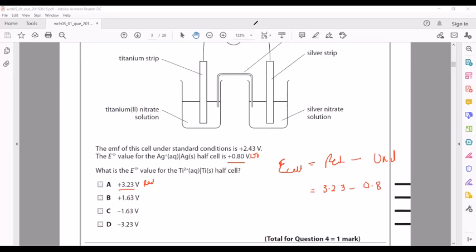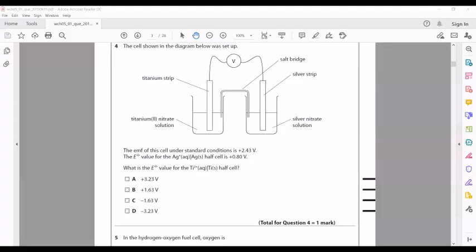Same way when you check the other options. Under the standard condition, the voltage of the cell is 2.43. So the voltage of the cell is reduction minus oxidation.